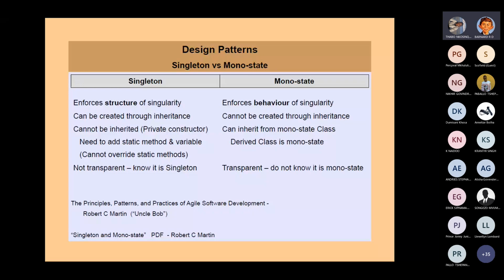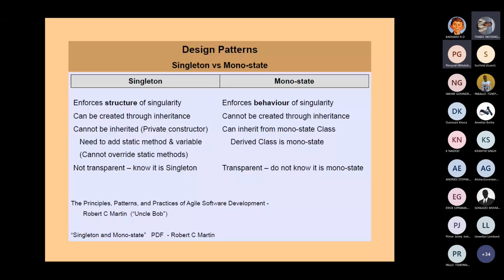No, you're not inheriting. Sorry, I'm answering this question from Percival. You can inherit a class and turn it into a singleton. It's not the same as inheriting a class that is already a singleton. So you can create a singleton through inheritance. In other words, you take a class that's not a singleton and you make it into a singleton. So the issue of private constructor, that doesn't come into it. Any other questions?